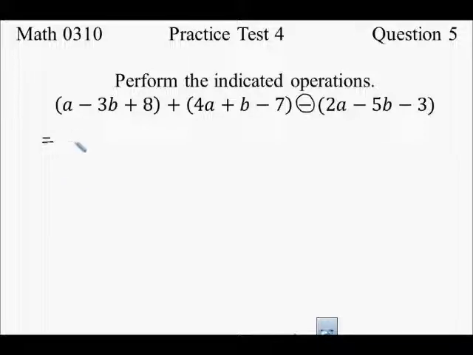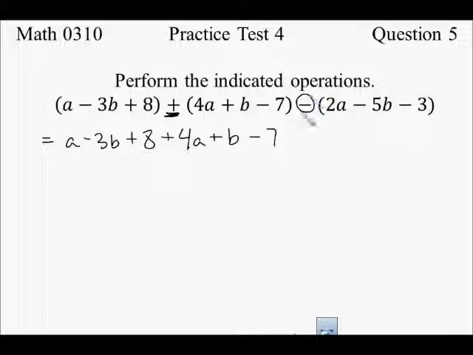So we have a minus 3b plus 8 to start with. And then we're adding all of these, so in other words, all of these are going to stay the same sign since we're adding. So we have plus 4a, plus a positive b, and then plus a negative 7, same as minus 7 there.